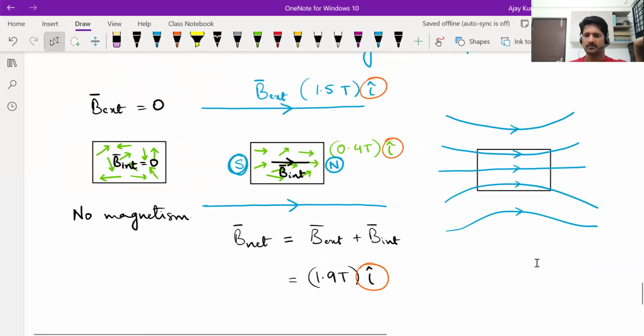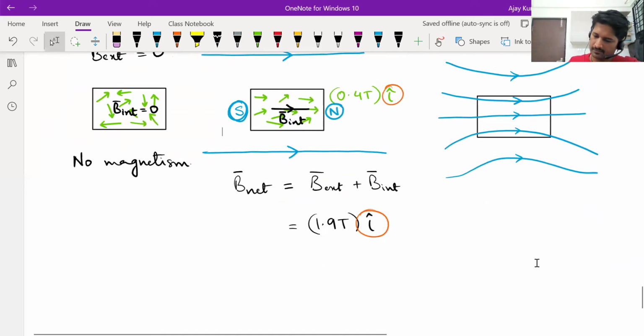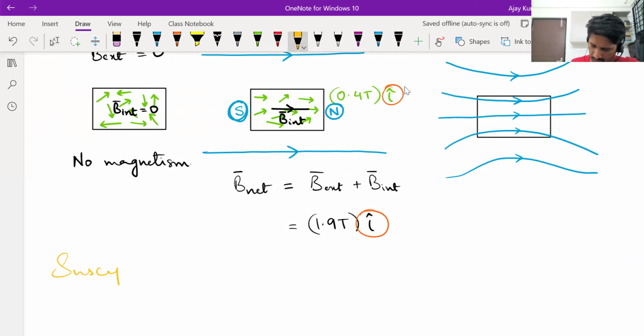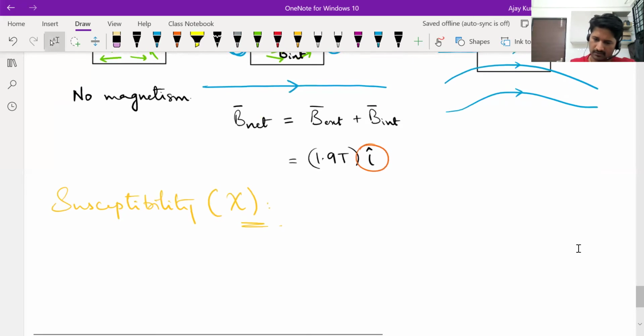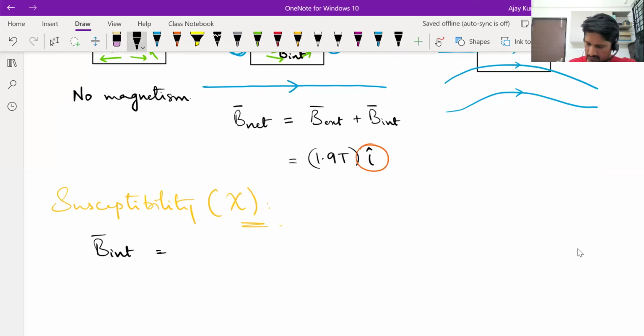Next, we need to talk about susceptibility of this kind of material. Basically, it's the proportionality constant between internal field and external field. We know that B internal is X times of B external.